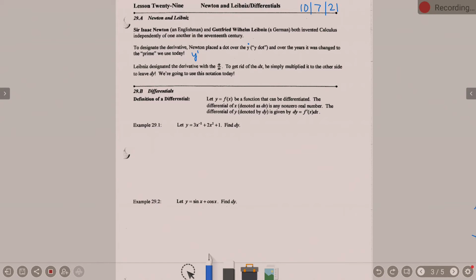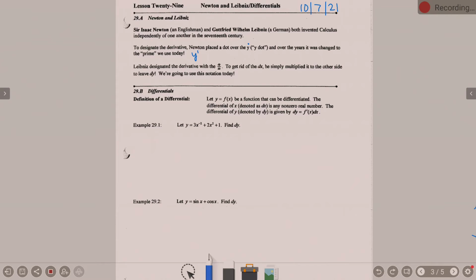That word differentiated implies derivatives. The differential of x, denoted dx, is any non-zero real number. Of course, dx has to be non-zero because it's in the denominator. And the differential of y, denoted by dy, is given by dy equals f prime of x dx.